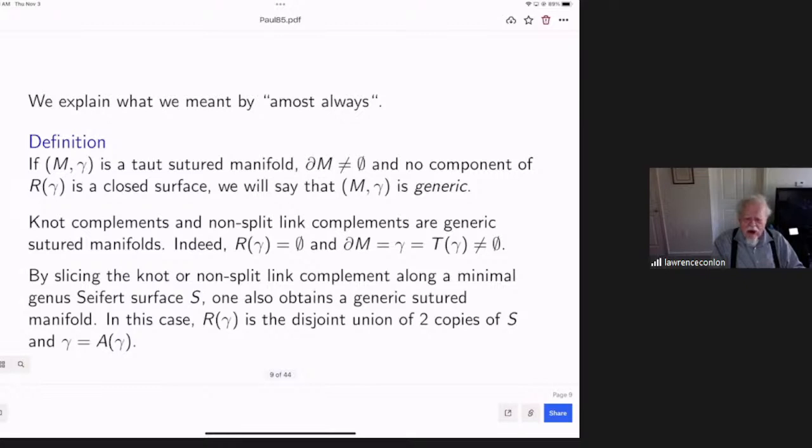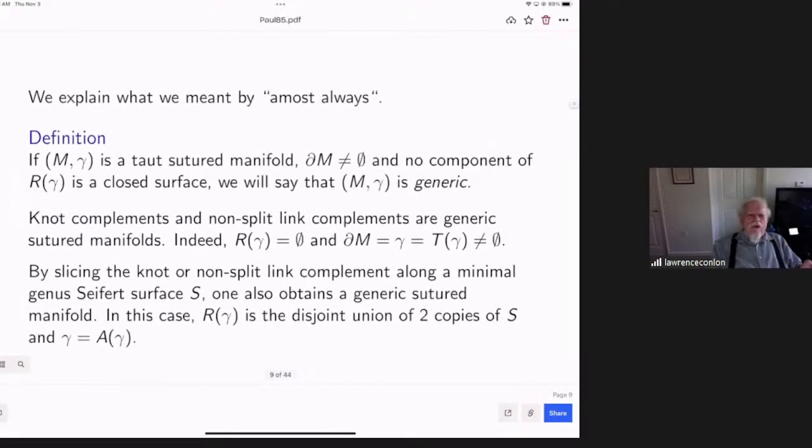And γ now is a bunch of annuli, the toral boundary components of the link complement or the knot complement have been sliced open longitudinally to become annuli. So those are the main examples that one is interested in. So my definition of generic, I think, is justified.